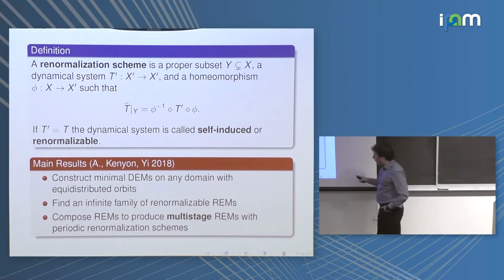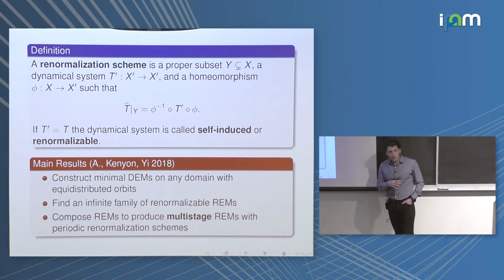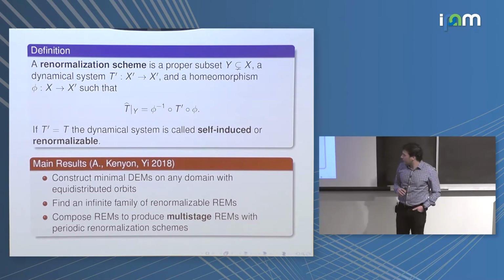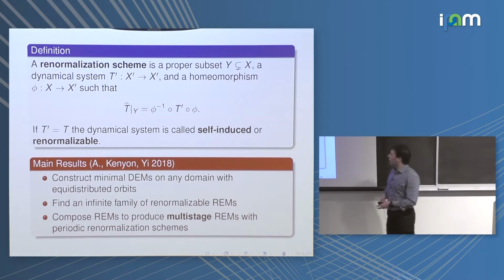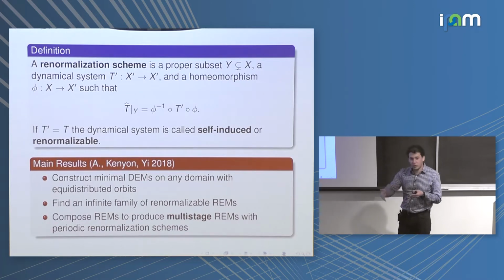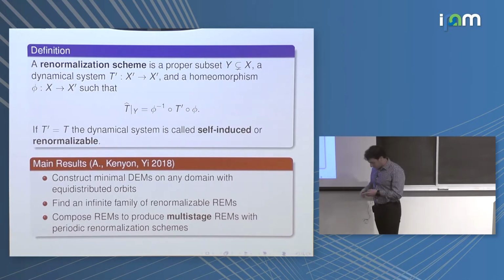And then we compose certain of these REMs to produce a 4-parameter family of multistage REMs. These are going to have more complicated renormalization schemes, so they're no longer self-induced. You'll have to apply a sequence of different renormalization schemes before they come back to the dynamical system that you started with. I'll explain more about this later.